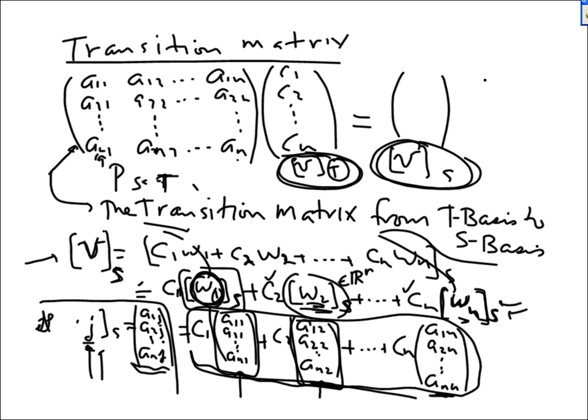From T to S. Personally, I would have written it this way. No. I would have written it this way. From T to S. Why they write it the other way, I don't know. Ask Professor Transition, he'll tell you.